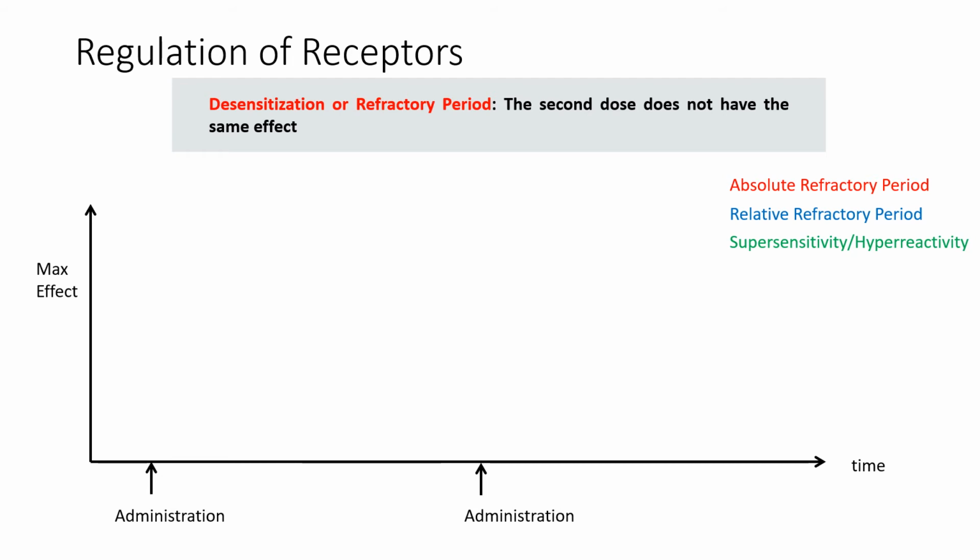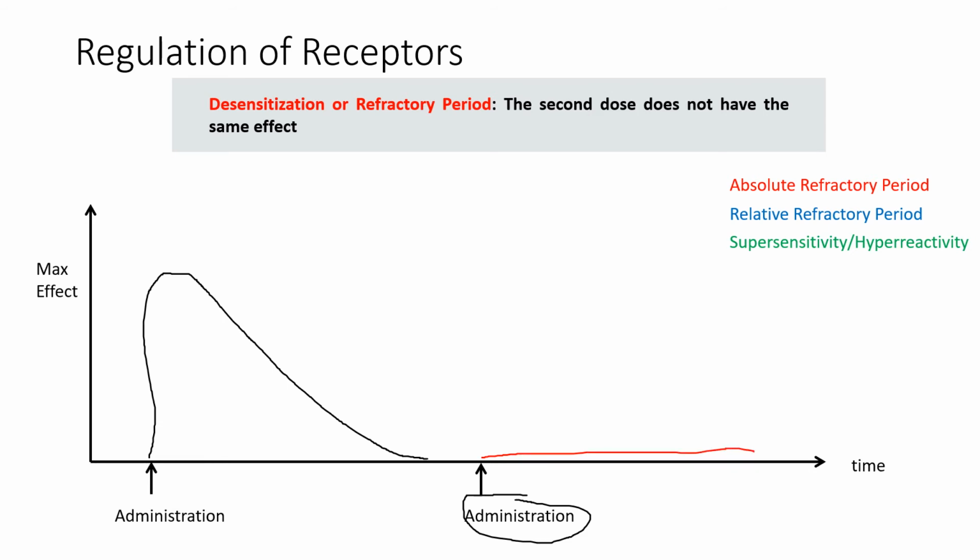If we administer a ligand or receptor and you see the max effect, and you want to see what the effect is from the second administration, different receptors will have different refractory periods. With a receptor that has an absolute refractory period, there is no effect on the second administration. This is in red that I put here.